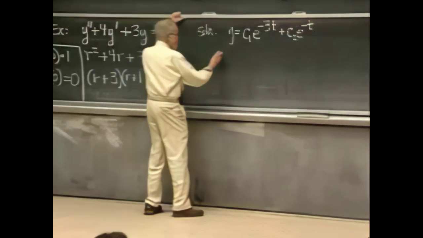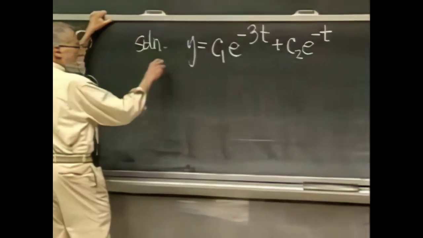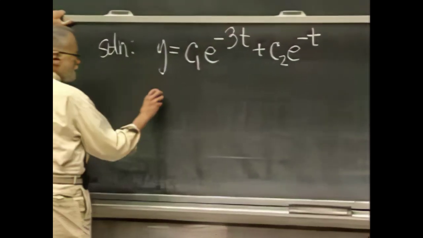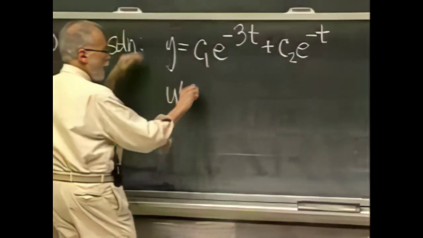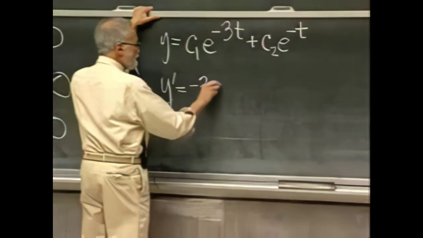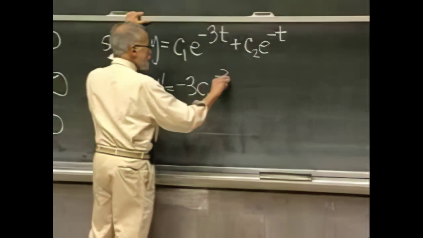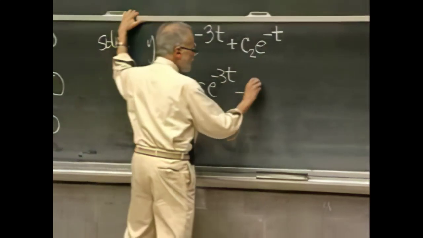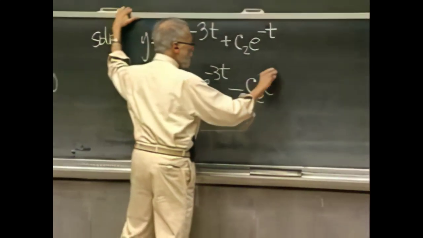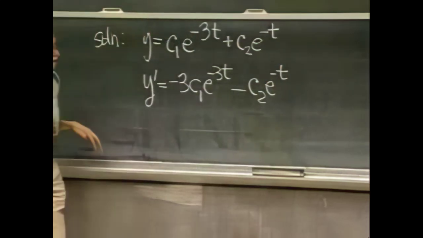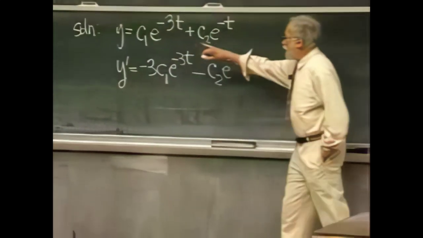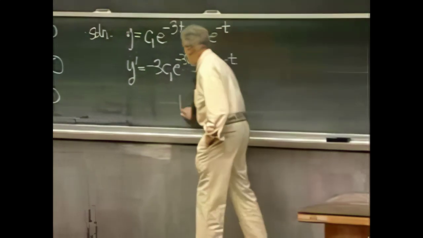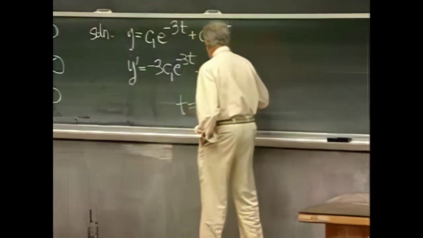All right, so let's substitute. We're going to have to calculate the derivative, so why don't we do that right away? So y prime is minus 3c1 e to the minus 3t minus c2 e to the negative t. And now if I substitute in when t equals 0, what do I get?